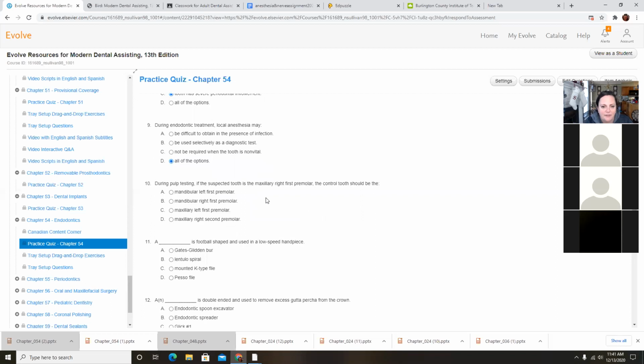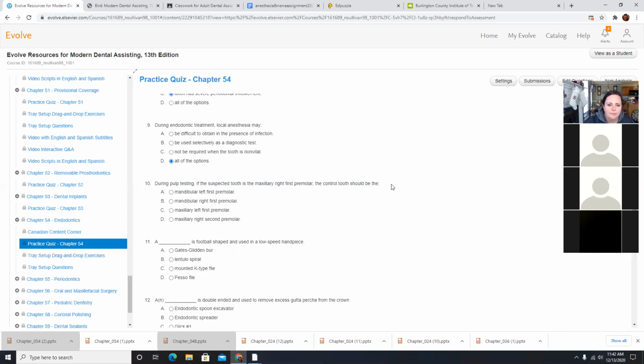During pulp testing, if the suspected tooth is the maxillary right first premolar, the control tooth should be the... what's the other tooth that's going to act exactly like this one? Or close to like this one.